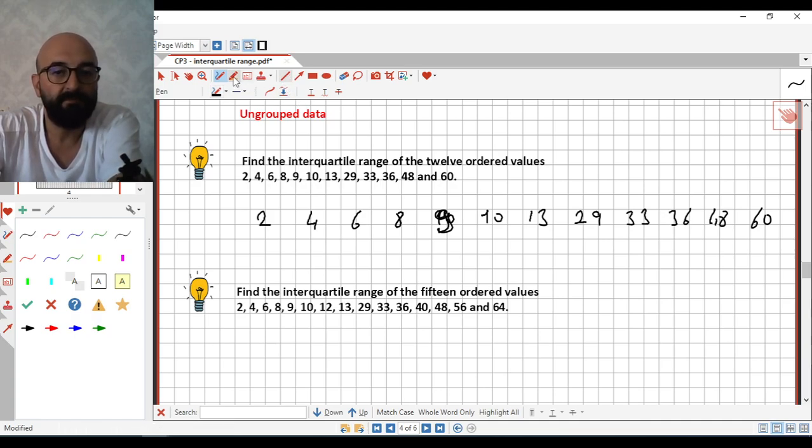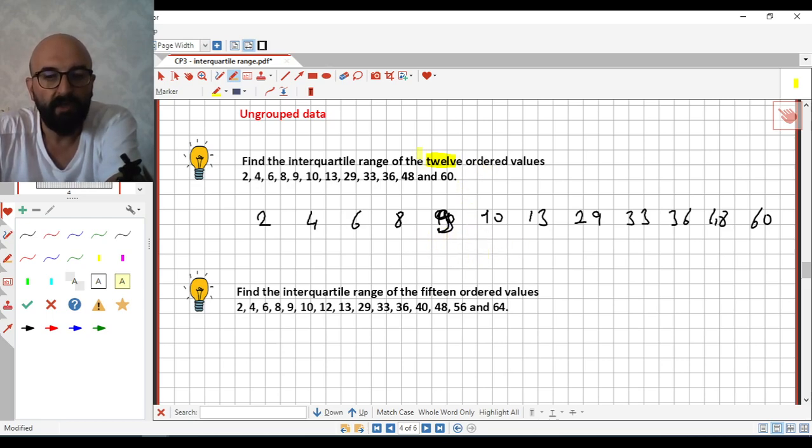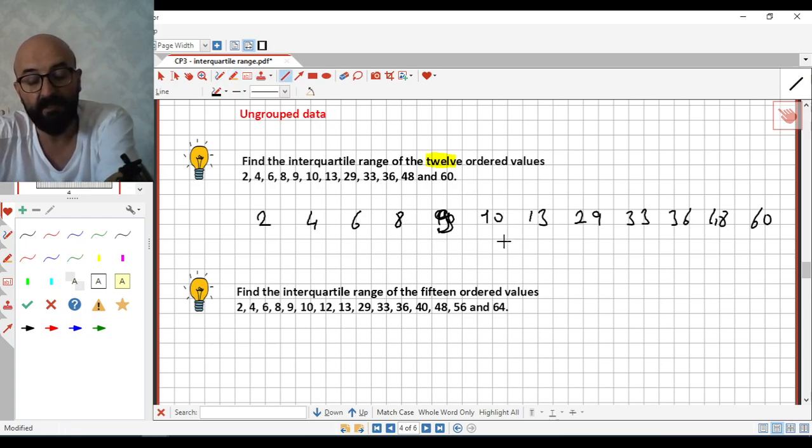Also, the first step, we should find the median. If we have 12 ordered values, we separate them into two parts, and 12 divided by 2 becomes 6.